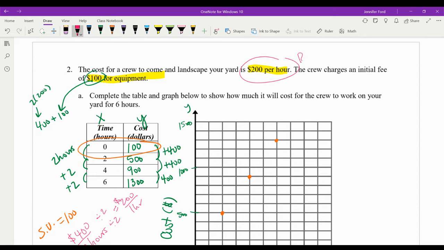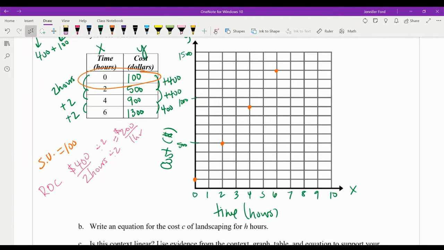This is your rate of change. This one was your starting value. All right. So if I wanted to do $200 every 1 hour, that would put in these points here, which you can see are still on that same line. And I'm going to go ahead and draw my line freehand, I think. Your line should go more or less like that.